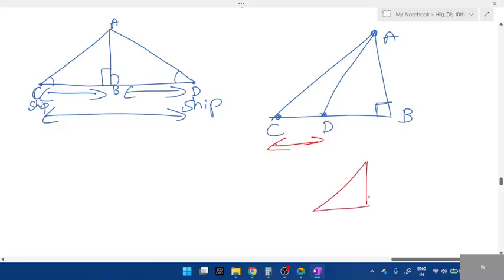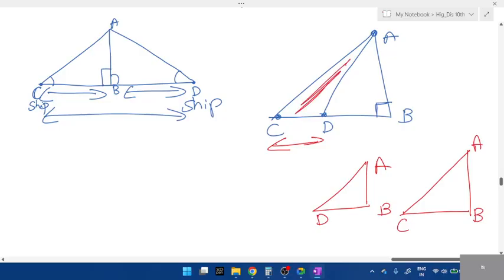First triangle is which one? ABD. Both the triangles should have 90 degrees. Then how do I split the second triangle? Yes, ABC. It is not ACD. Can you take ACD? Does it have a 90 degree? No. This entire chapter is all about 90 degree, students. Straight lines.